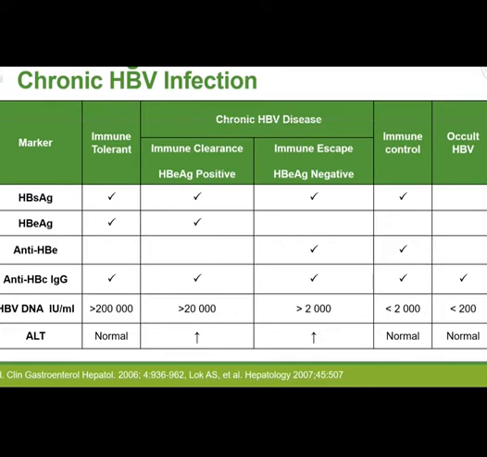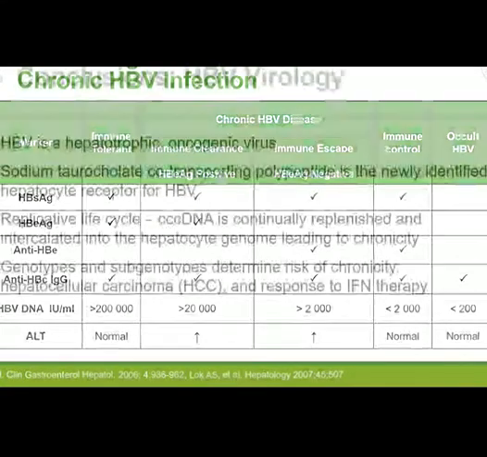So in these cases, when we send for a core antibody, we get a core antibody IgG, and these are the patients who have occult hepatitis B. They are not very frequent, but yes, they do come across in our clinical practice.